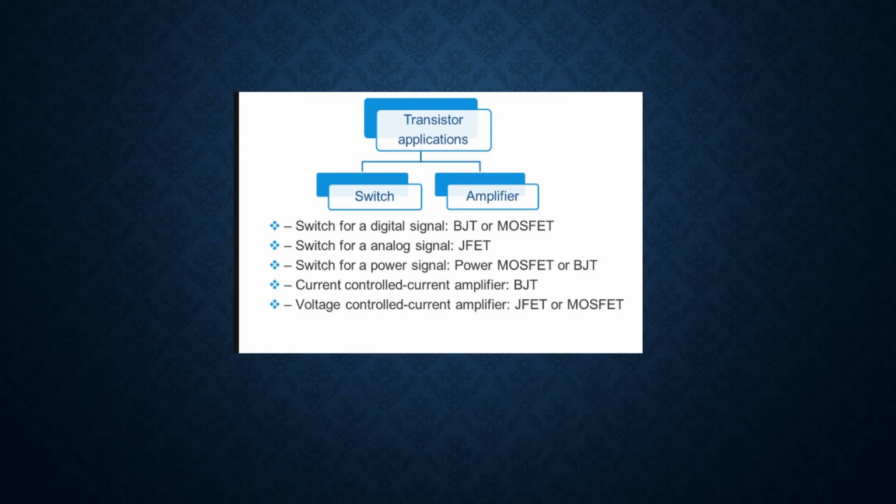JFET, that is junction FET, is used as a switch for analog signals. MOSFET or BJT is used as a switch for power signals, and BJT is also used as a current controlled amplifier, while junction FET or MOSFET is used as a voltage controlled amplifier.